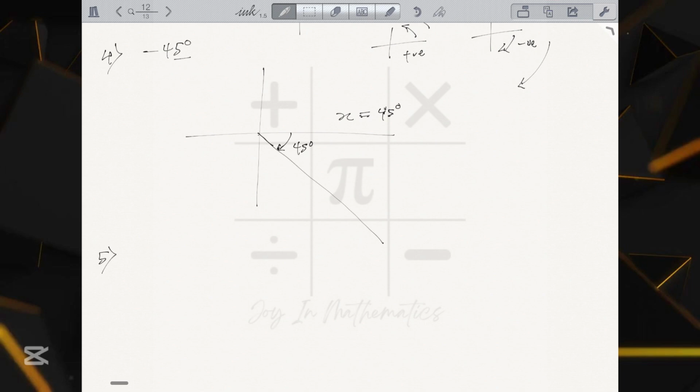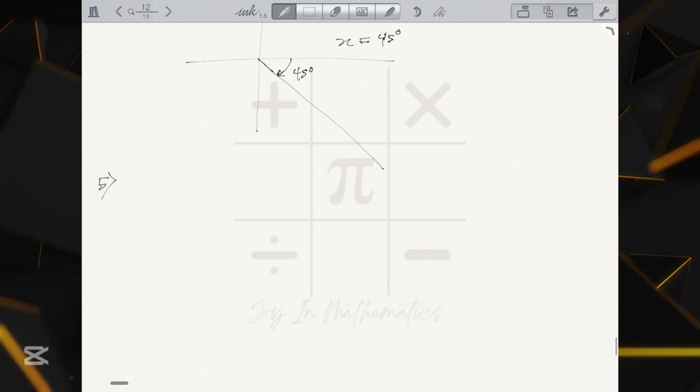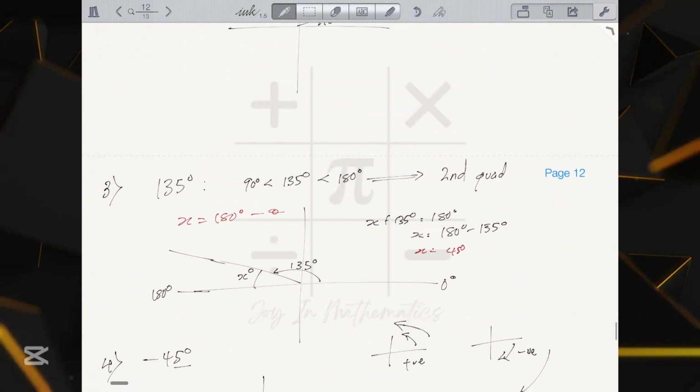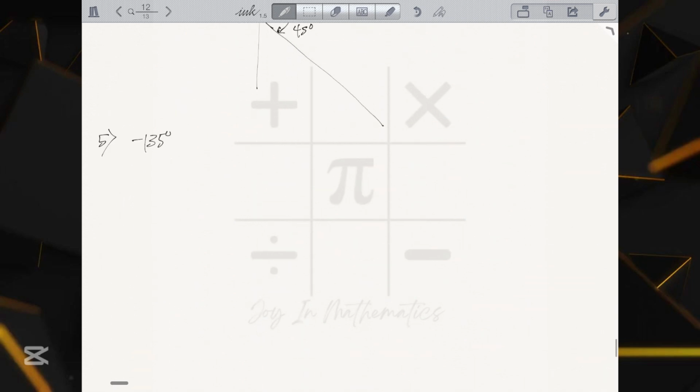Let's take one last example, and still we'll be using a negative angle. Let's take minus 135 degrees. Interesting. Remember that we had an example previously for 135 degrees. Now, taking minus 135 degrees, we have positive angles and also negative angles.